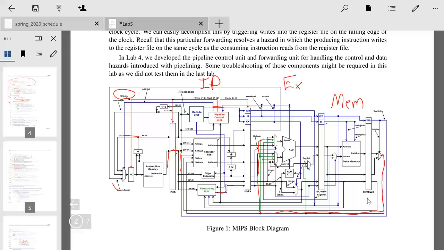So in the decode stage, your forwarding unit would have determined that there's a data dependency between the instruction in decode and the instruction 2 stages ahead of us, and it would have set this signal to pull from this path.